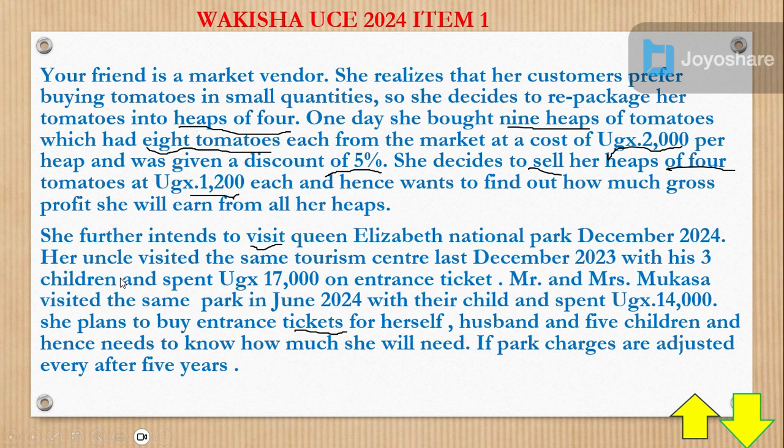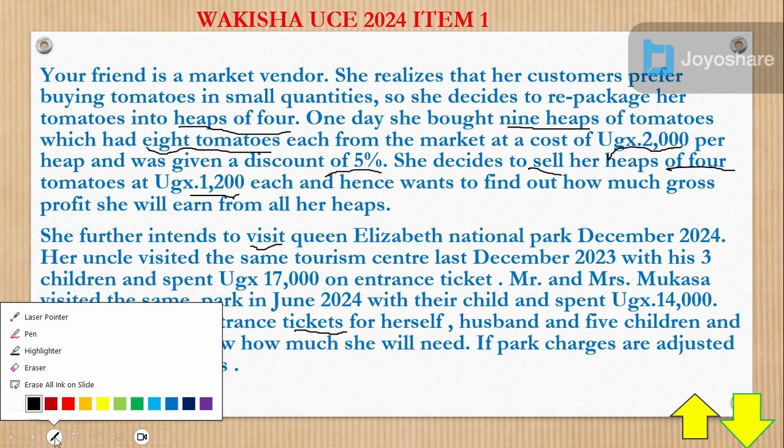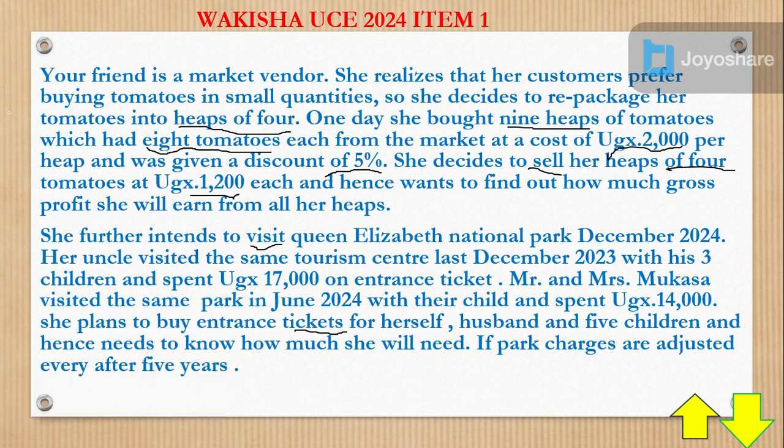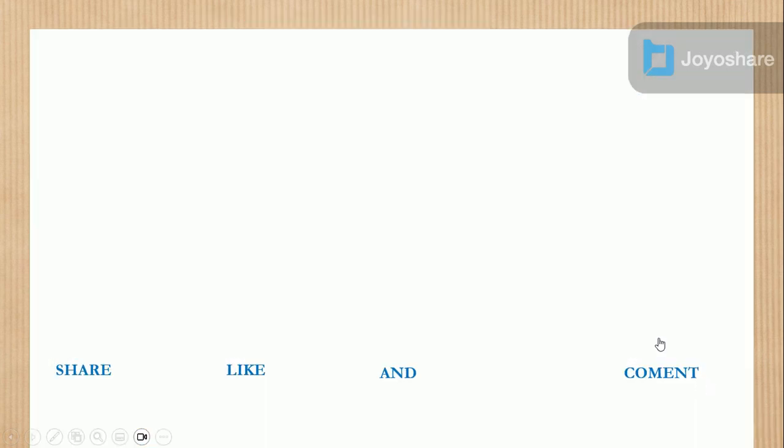Part A talks about this area only, because I told you that it's a twin one. Part A talks about the area from here up to there as highlighted, so our answers for part A will only come from that area. Okay, so I think now we can proceed.